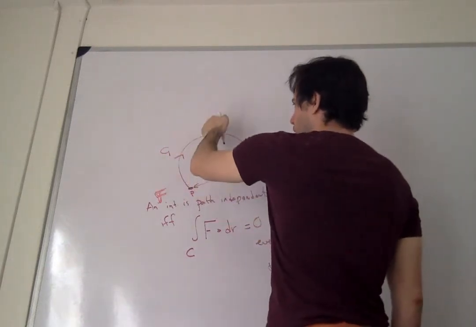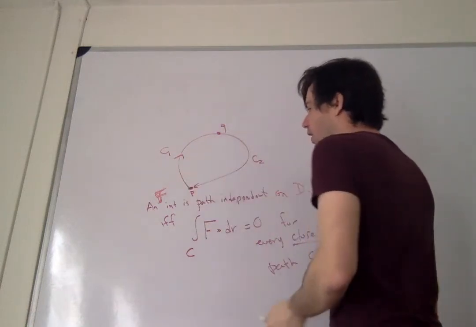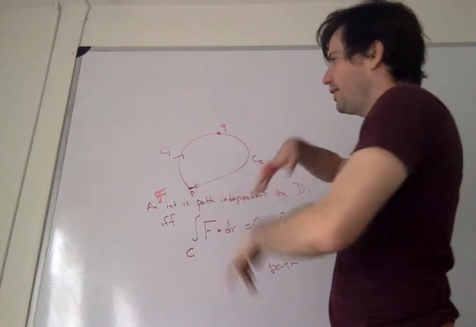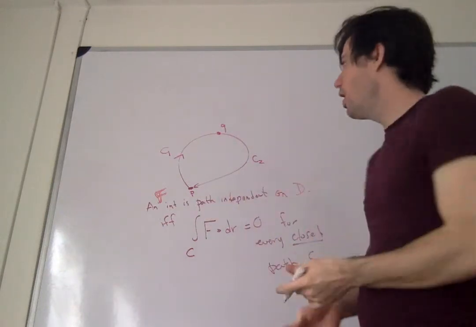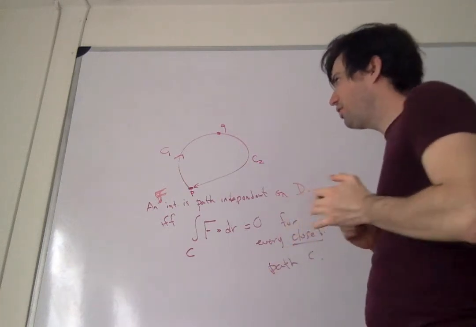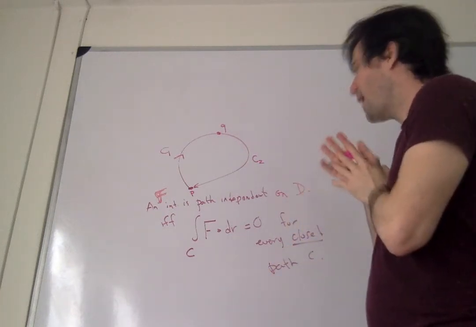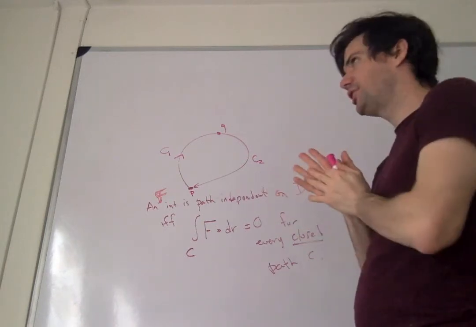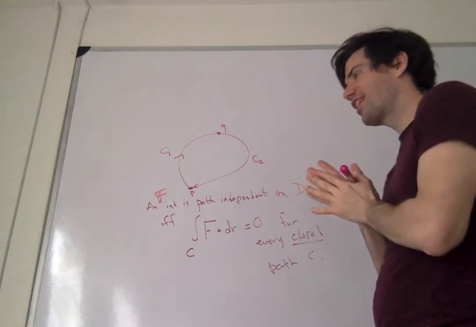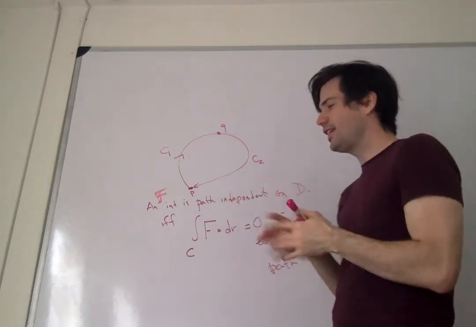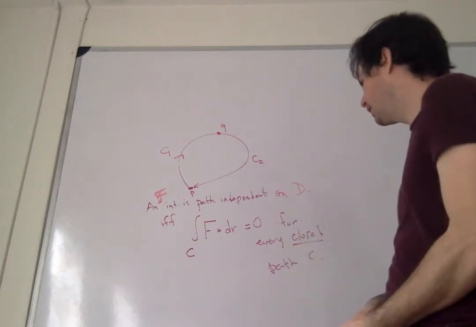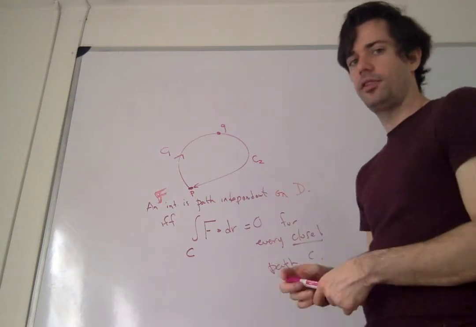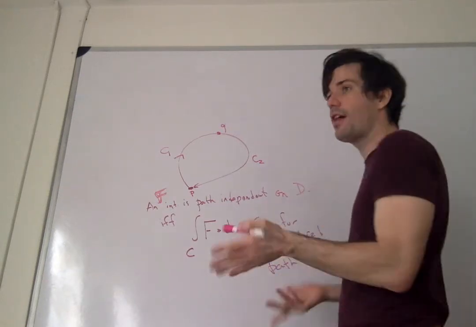So if I integrate along C1 and then integrate along C2, this is a closed path starting at P, and P is in this domain D. Part of the hypothesis is that if it is path independent on D, then I'm claiming every closed integral is going to be 0. Every closed path is 0.